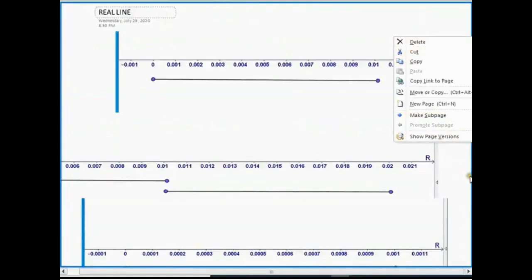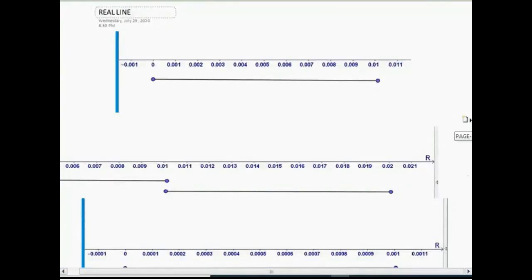So this is the small interval 0 to 0.01. We have divided it into 10 equal parts. What is the length?